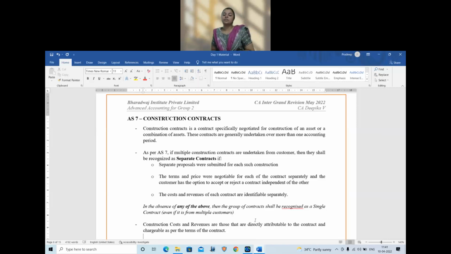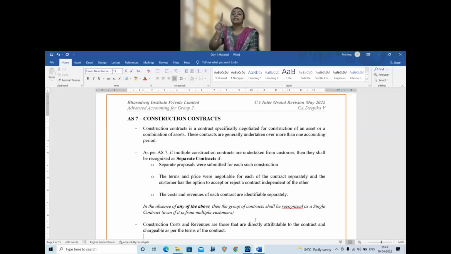So when it comes to measurement, we are going to discuss two parts: revenue and cost. So what is cost? Any costs that are directly attributable to the construction, and any cost which can be allocated to the construction. Say, for example, you are incurring common electricity, or you are using one common machinery, say one common JCB for construction across 5 projects.